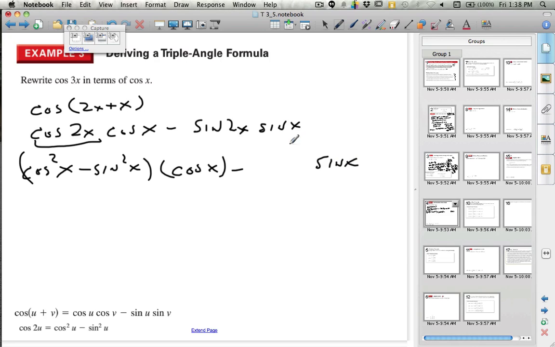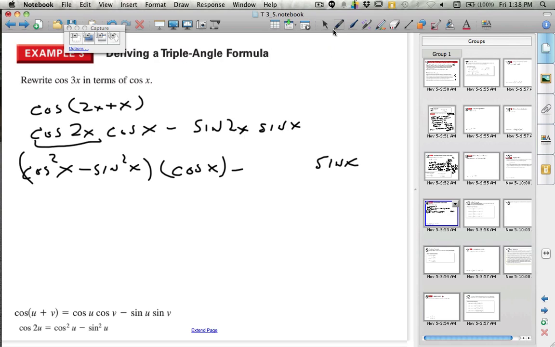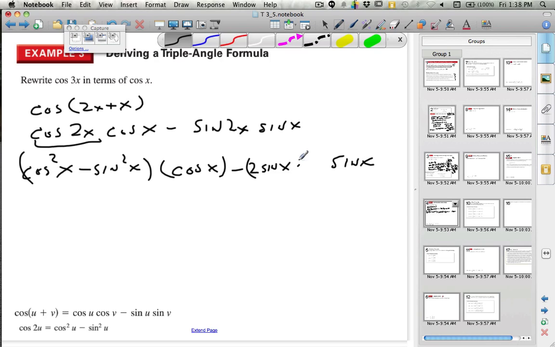So I might use the double angle formula for this as well. So sine of 2u is 2 sine of u times cosine of u. So this will become 2 times sine x cosine x times the sine of x.